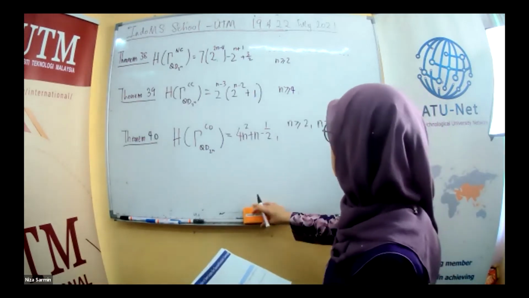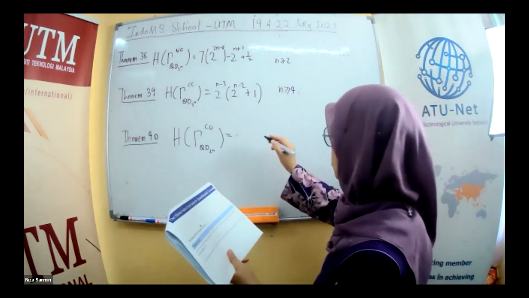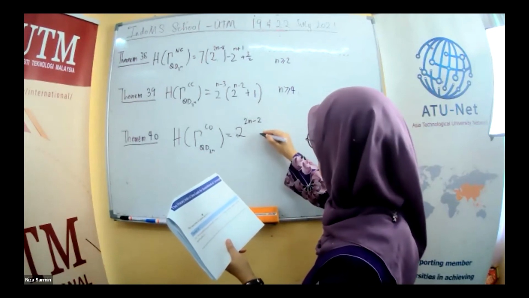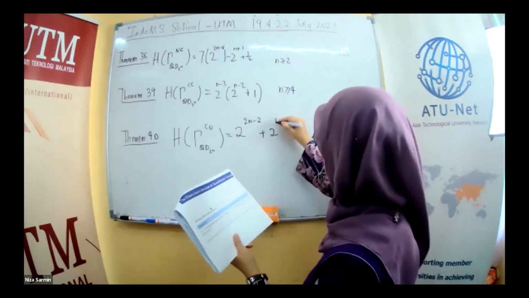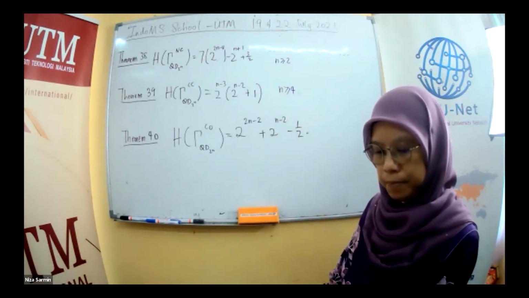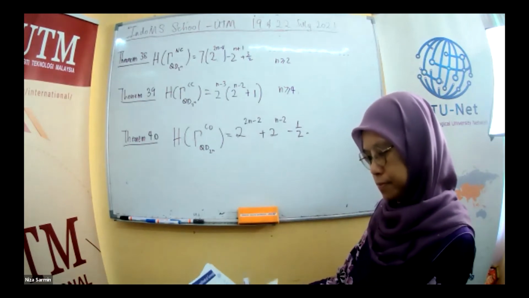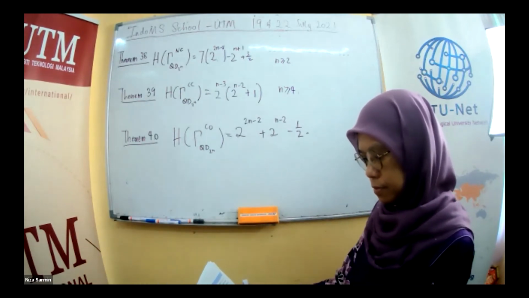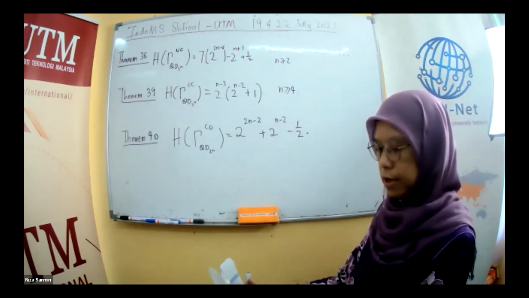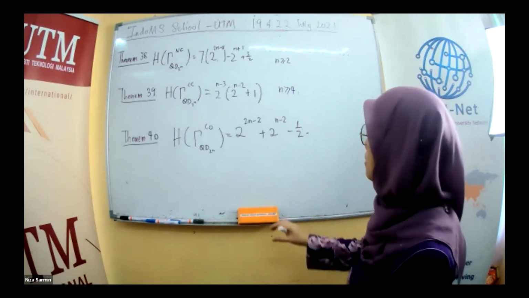So this one is equal to 2 to the 2n minus 2 plus 2n minus 2 minus. Okay. Let me just give the proof of this one because we have the time. Okay.